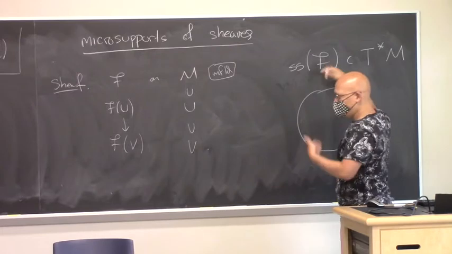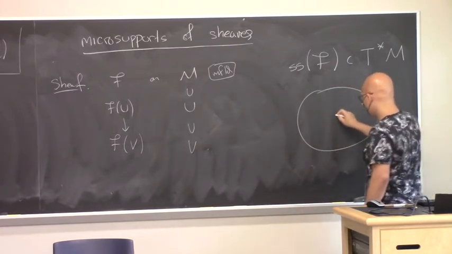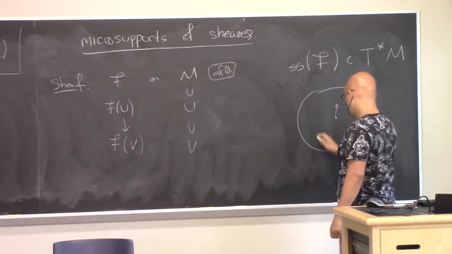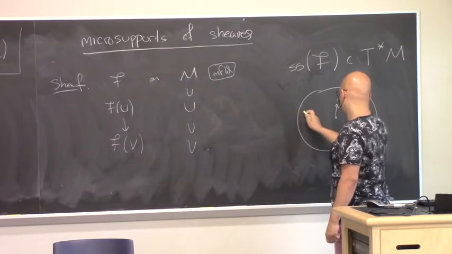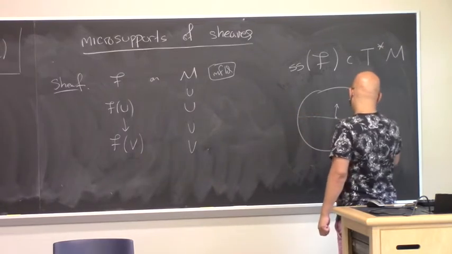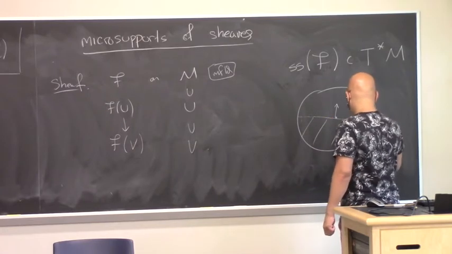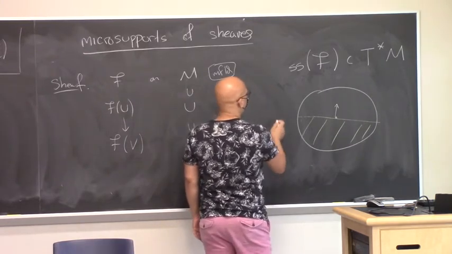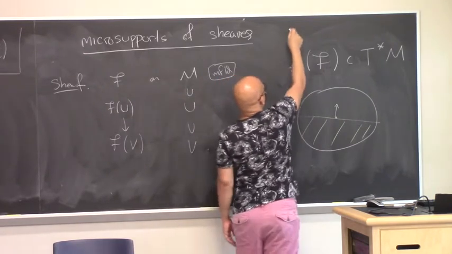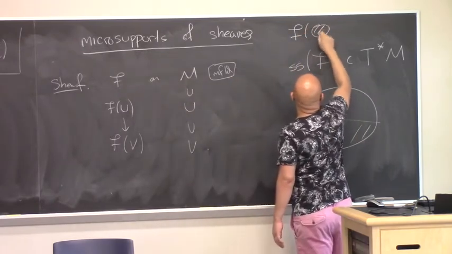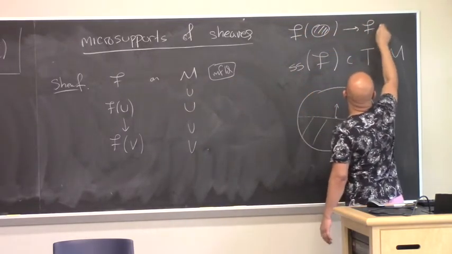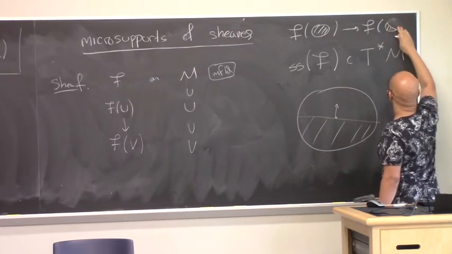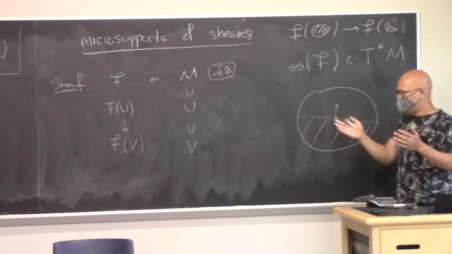Okay, but let me just tell you what it is. So I have a covector, and this covector lets me draw some kind of half disk. The one thing which a sheaf does is, I'm allowed to compare the whole disk to the half disk.